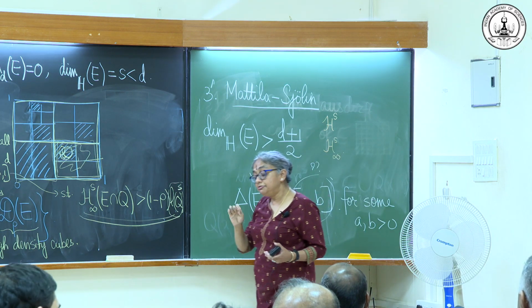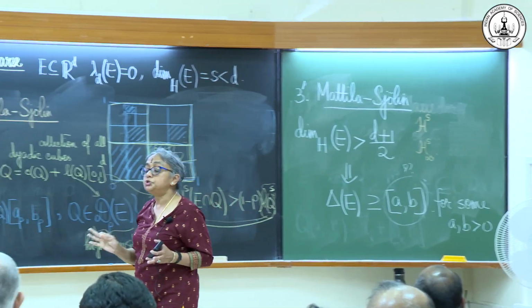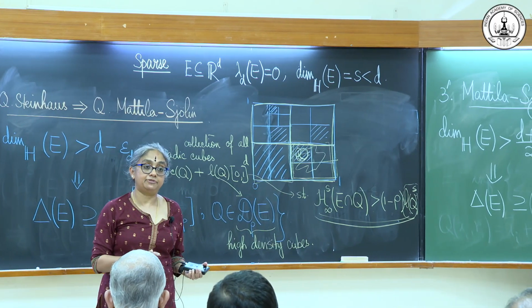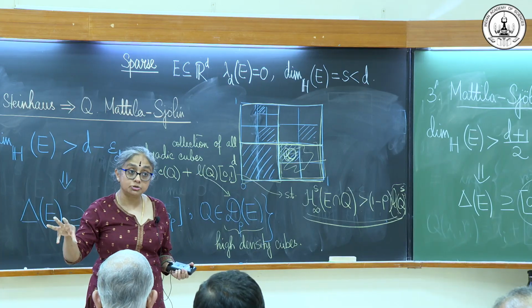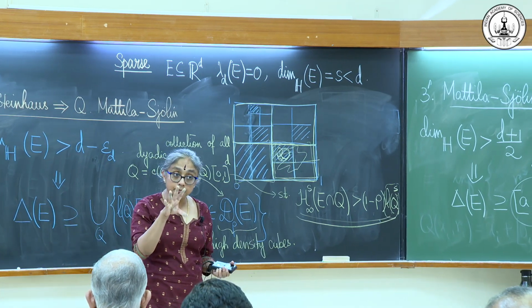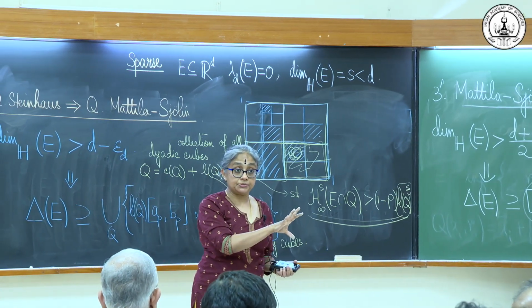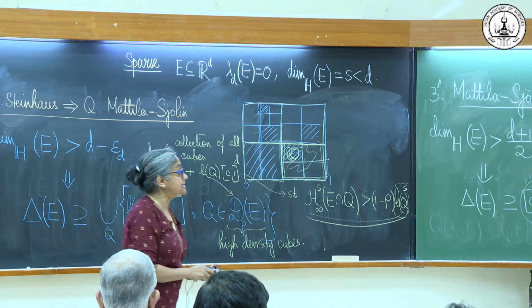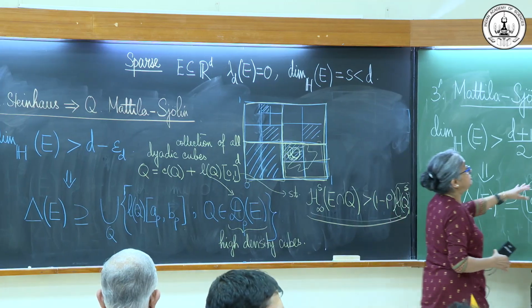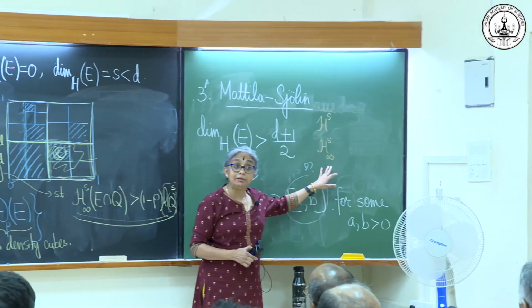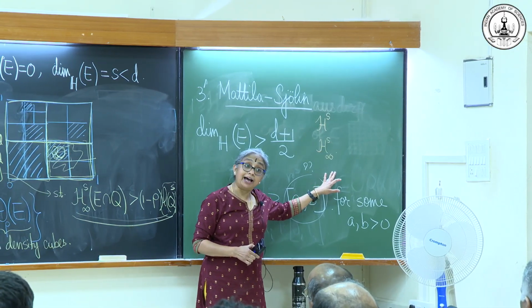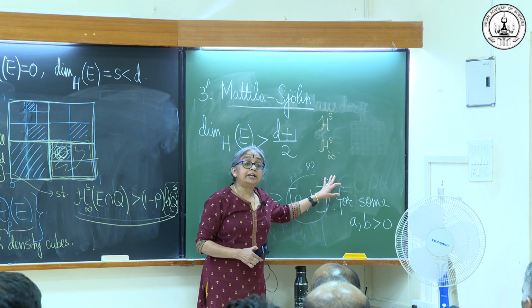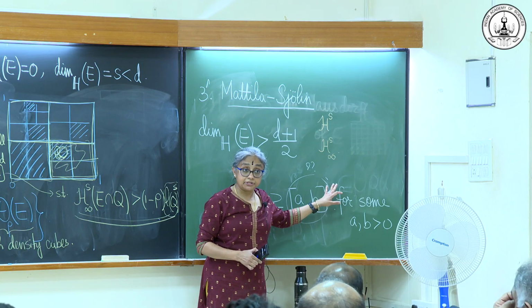And whenever you define these, you can choose to go one of two ways. There are many equivalent ways of defining this. You can use balls to cover. You can use cubes. You can use dyadic cubes. Now, these definitions are not identical in the sense that the value of H^S infinity that you get from one will not be the same as the value that you get from the other. However, positivity and finiteness are preserved.